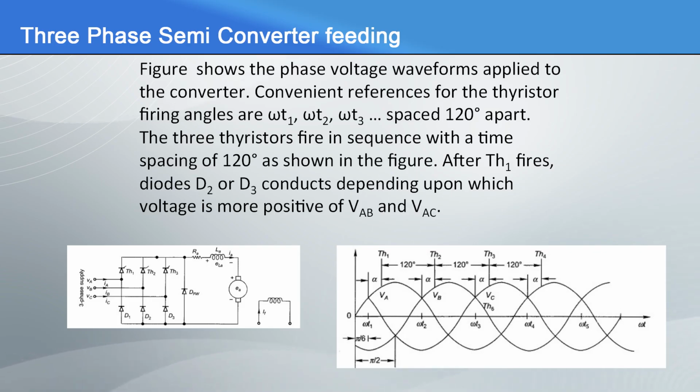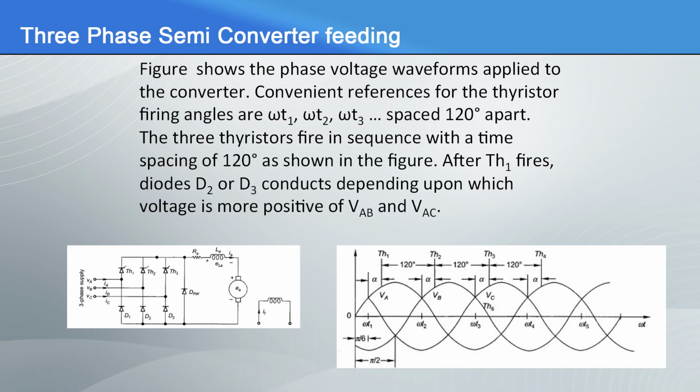The three thyristors fire in sequence with a time spacing of 120 degree as shown in the figure. After thyristor TH1 fires, diodes D2 and D3 conduct depending upon which voltage is more positive, VAB or VAC.